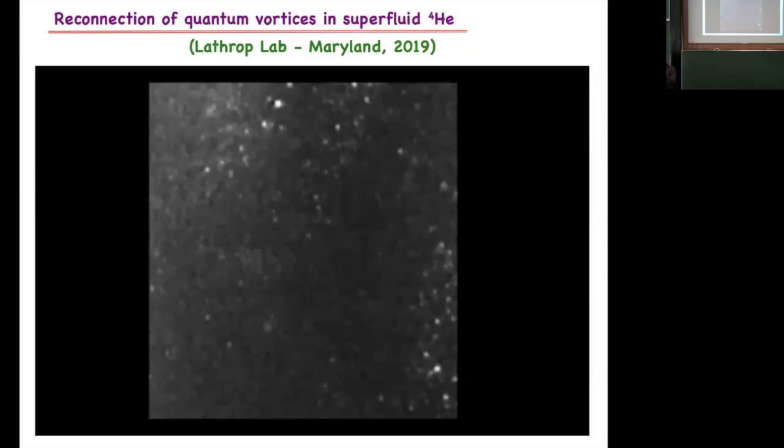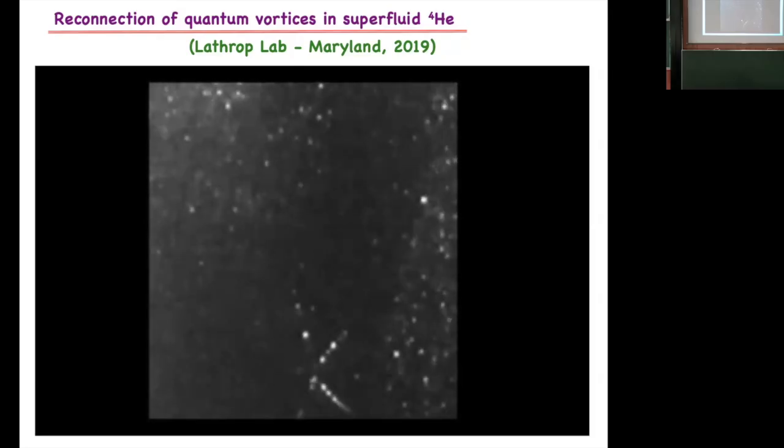In that case, you produce solid particles of hydrogen, solid hydrogen particles, and you let them go in the bath of superfluid helium-4. This is the Lathrop laboratory in Maryland. It's a fantastic place where he showed for the first time, in 2019, the reconnection of two vortices, quantum vortices, in helium-4. It's very rapid. So this is the way it is.